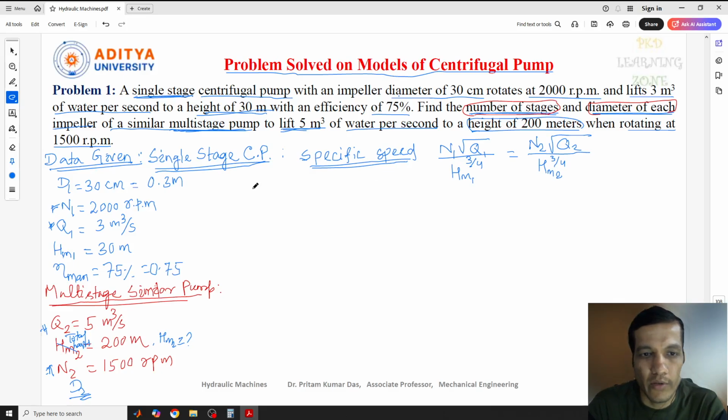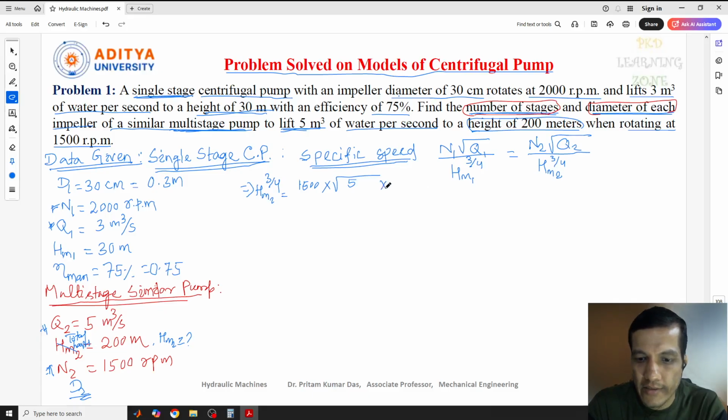So let me write here, hm2 I'll keep on one side. hm2 to the power 3 by 4 is equal to n2. What is the value of n2 here? 2000, sorry, 1500. So we can write 1500 into root over q2. q2 is 5, and this will multiply here.